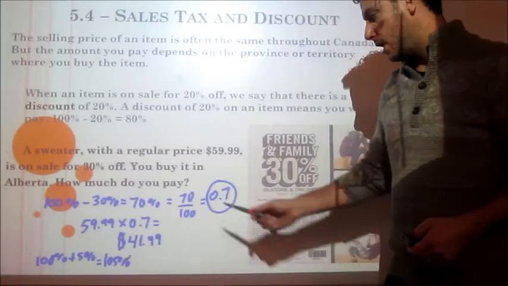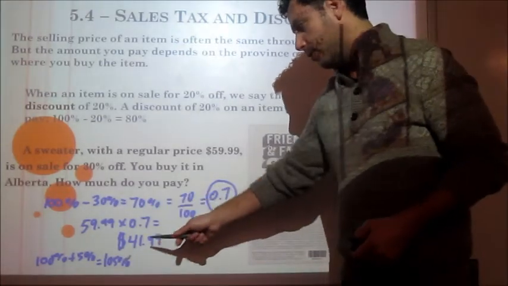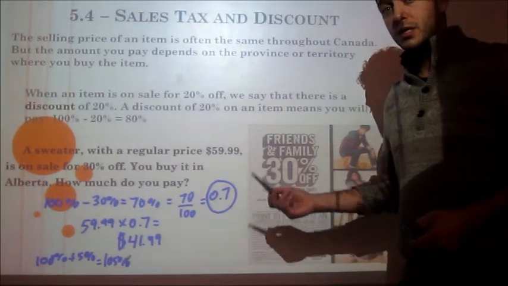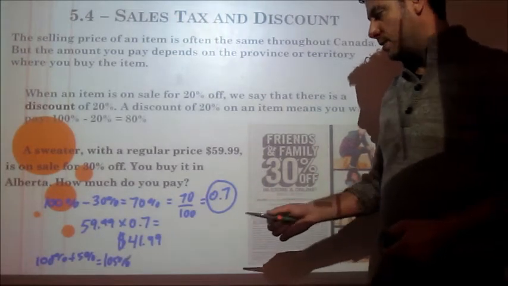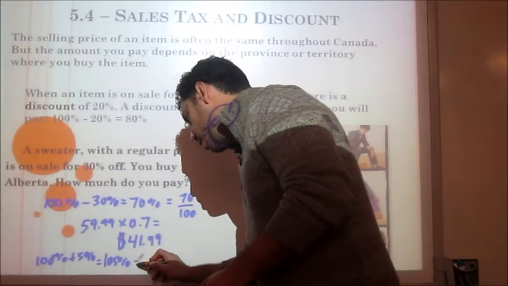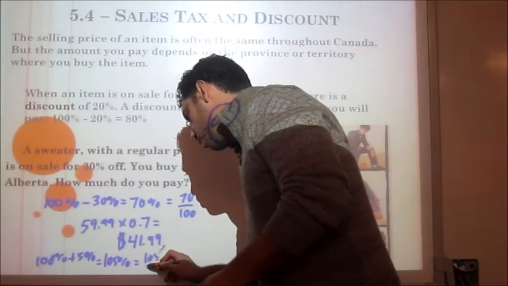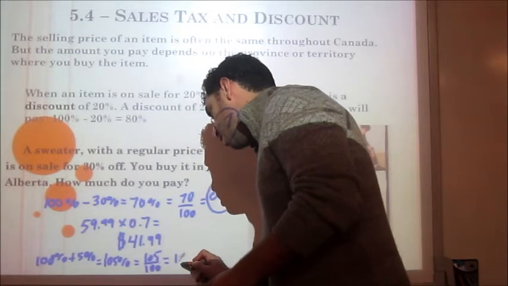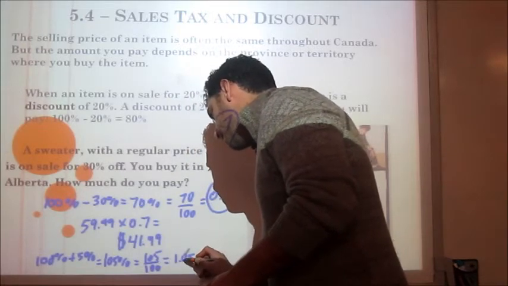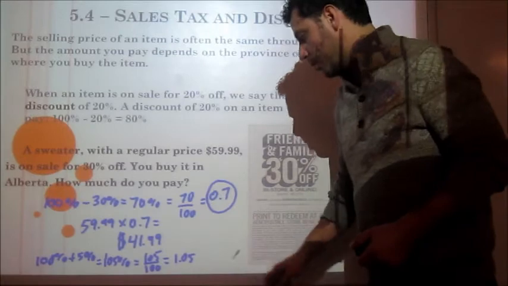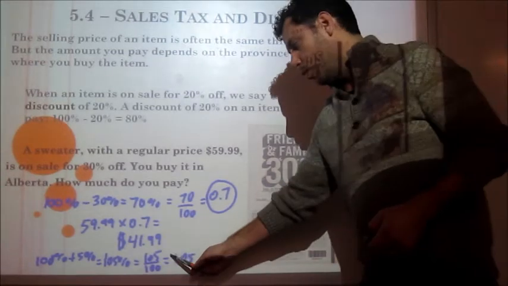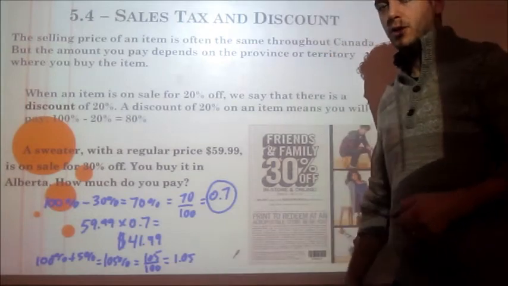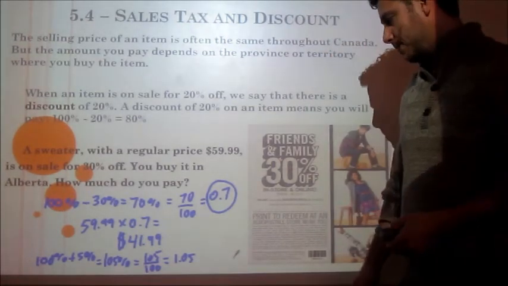And we can use the same strategy that we used up here. Convert this into a decimal. So 105% is the same as a fraction, with 105 as the numerator and 100 as the denominator, or a decimal of 1.05. 1 meaning the whole price, and the extra 0.05 to account for the sales tax.